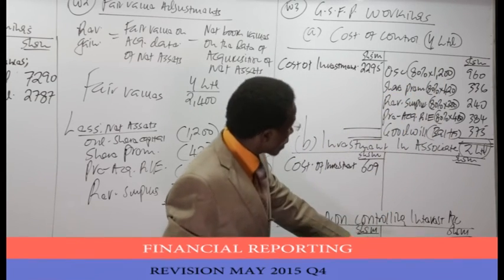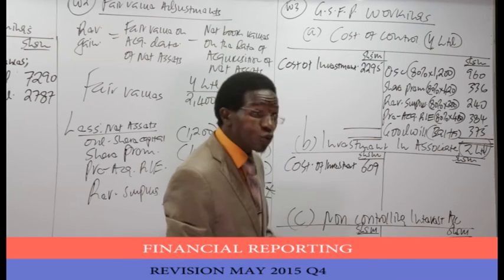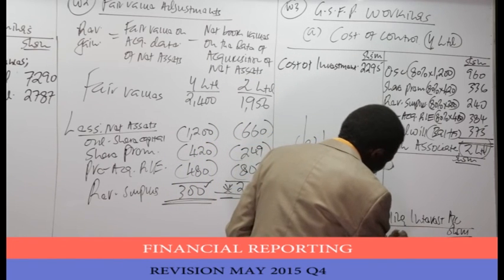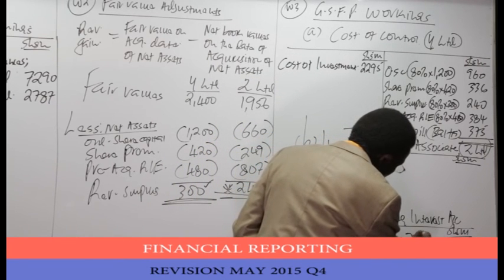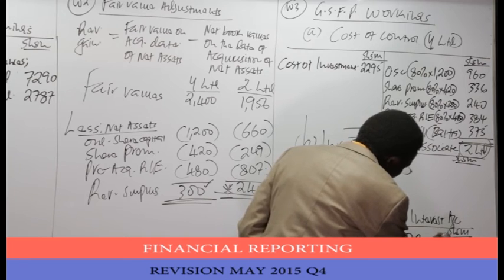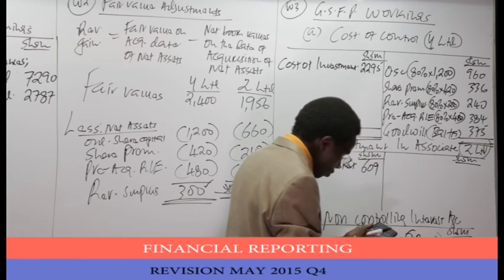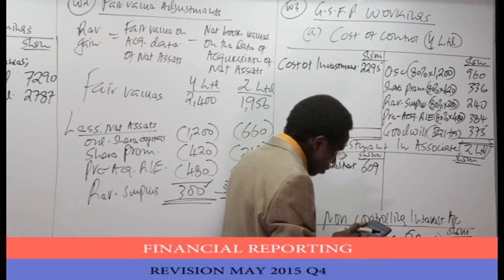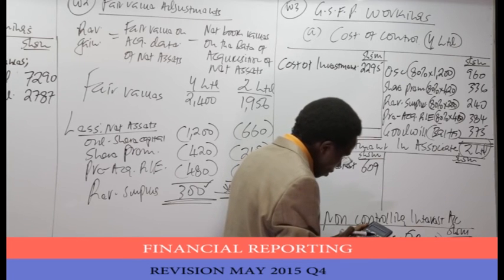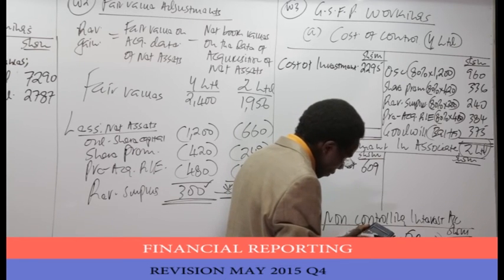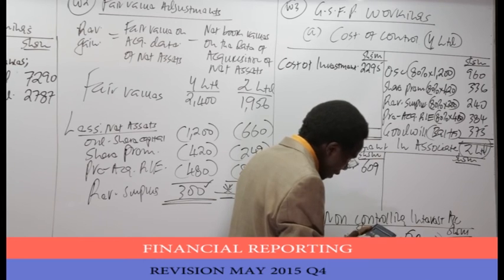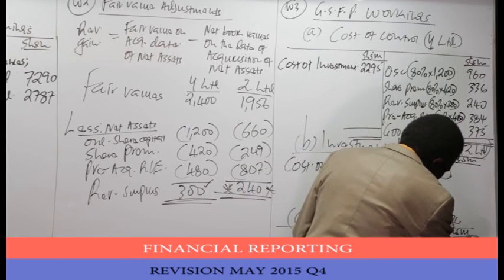Now we have taken 80% of 1200, so we need to take the 20% of 1200 to non-controlling interest. So ordinary share capital, 20% of 1200, comes to 240.